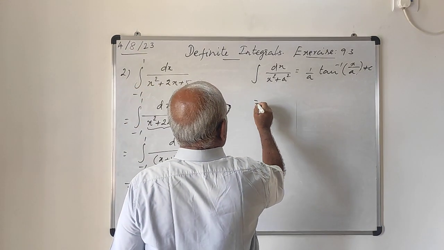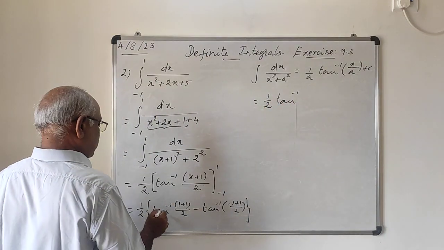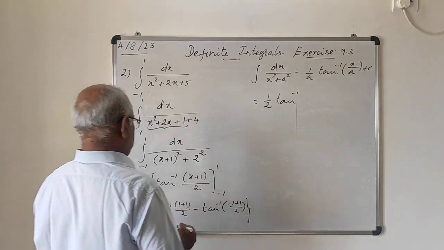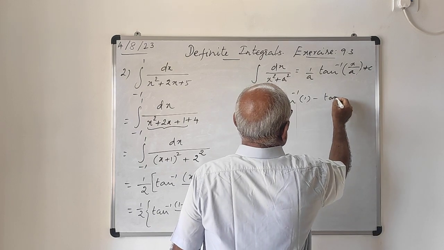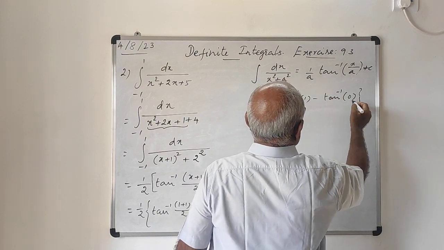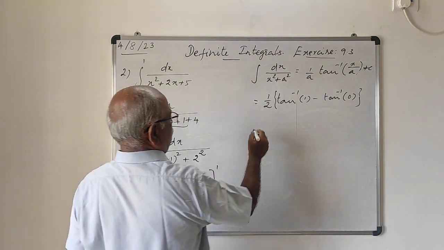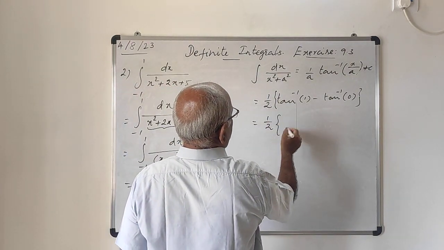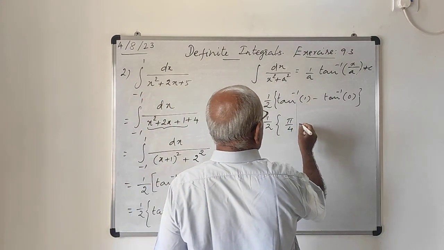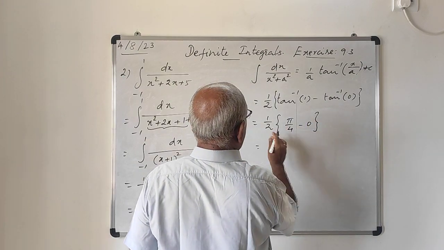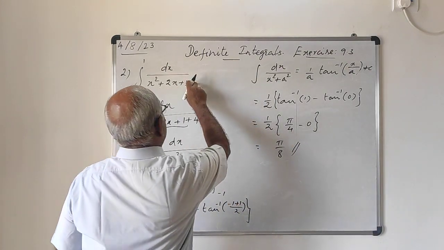That is equal to 1 by 2 into tan inverse of 2 by 2, that is tan inverse 1, minus tan inverse 0, because -1 plus 1 is 0, and 0 by 2 is 0. Tan inverse 1 is pi by 4, and tan inverse 0 is 0. So 1 by 2 into pi by 4 is pi by 8. So the answer for this problem is pi by 8.